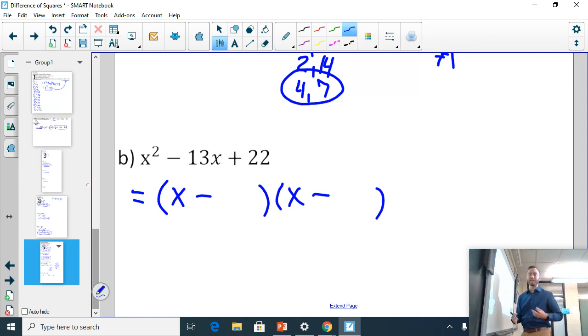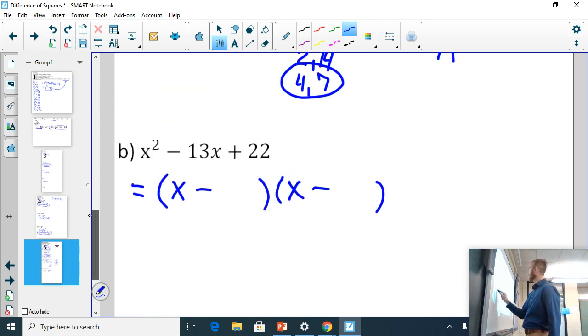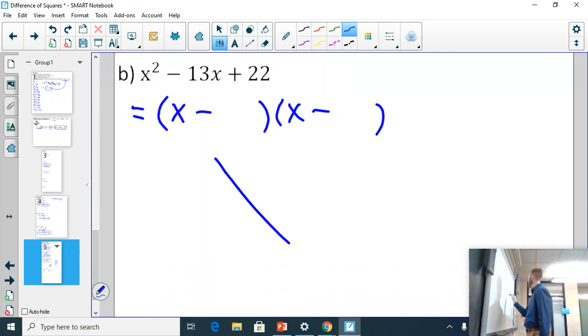And there's no way I can get a negative number by adding 2 positives. So again, let's just make our x so it's easier for us. We need to multiply to 22, and we need to add to negative 13.